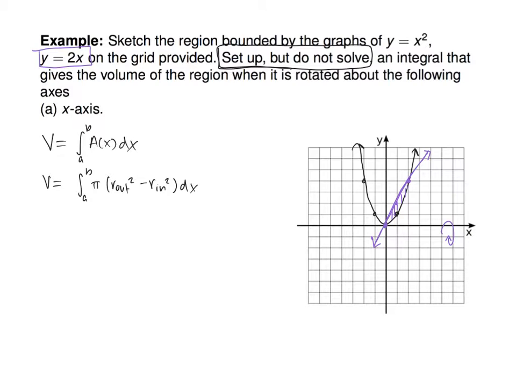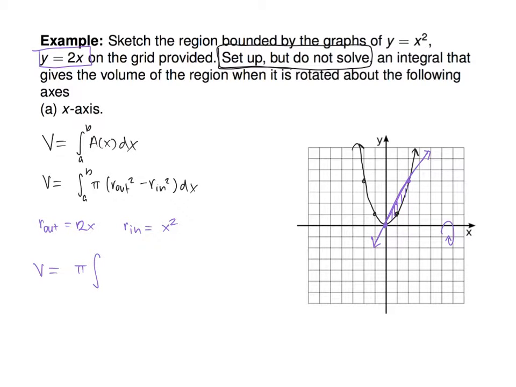Which curve is the outer curve relative to the x-axis? So our out is y equals 2x, or just 2x. Our in is which one? X squared. So in this case, the volume is equal to pi integral.